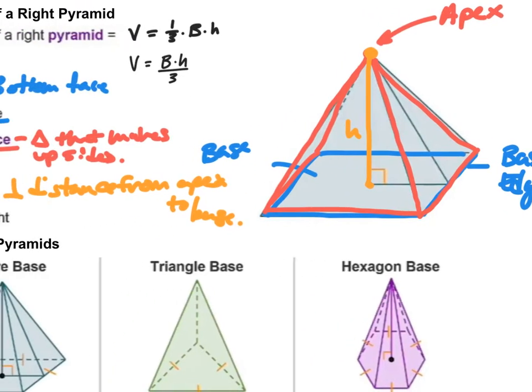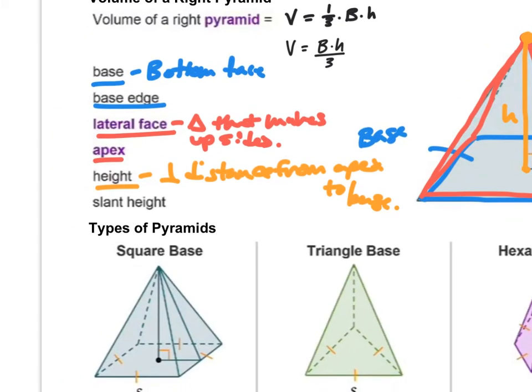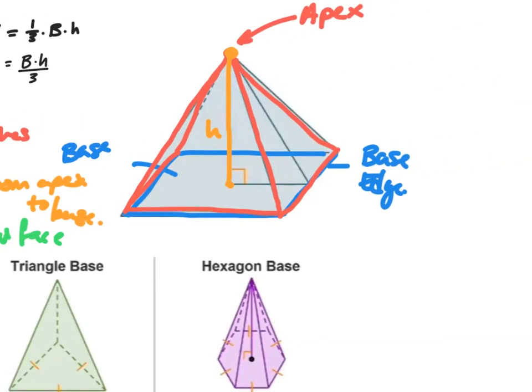The next value that we have is called the slant height. The slant height is the height of the lateral face, and that's this distance right here.